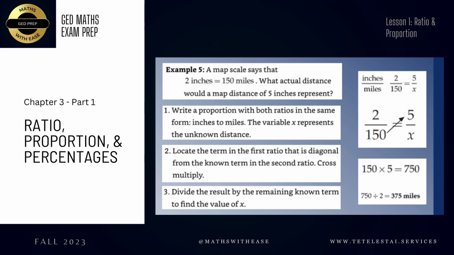And then what do you do to find X? It's very simple. You just cross multiply, okay? So 150 times 5 is 750. 2 times X is 2X. So you're going to have 750 equals 2X. Because again, remember, we're saying that the two ratios are equal, just like with our drink, right?